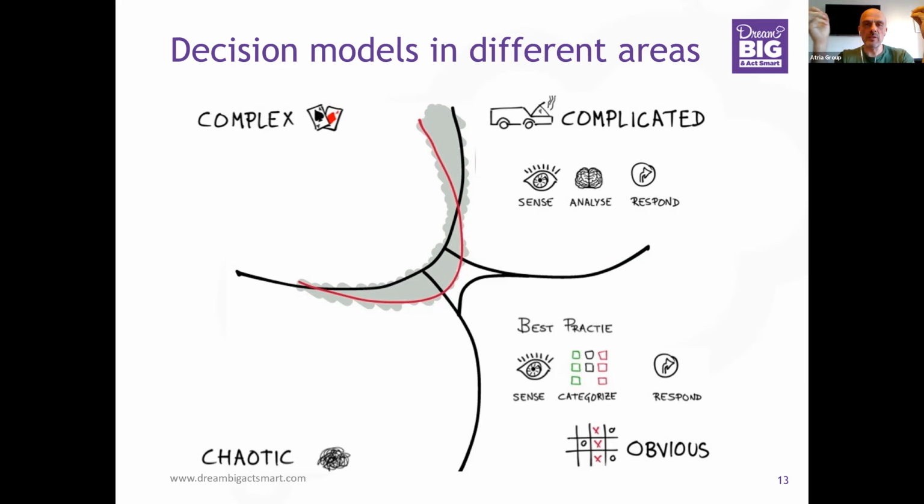So the connection between cause and effect exists, but an expert needs to come and see it. And different people will find different ways cause and effect are interconnected. And this is the area for coaching. For complicated problems, coaching is a perfect tool, especially if the person has expertise.